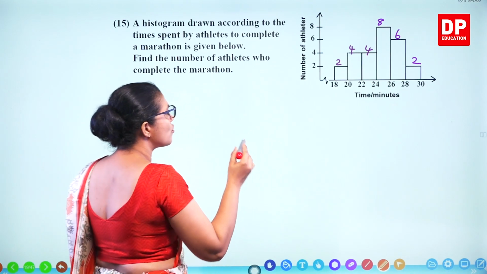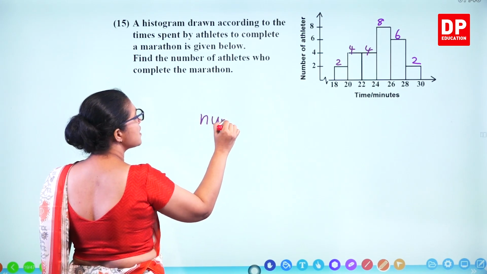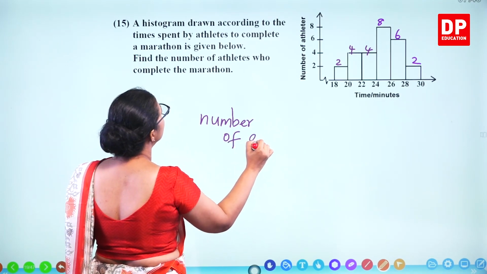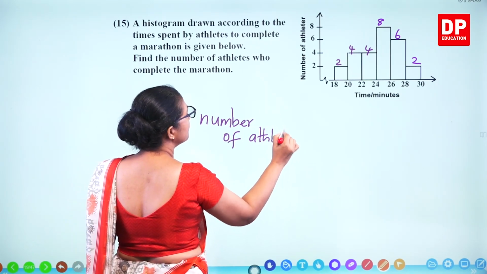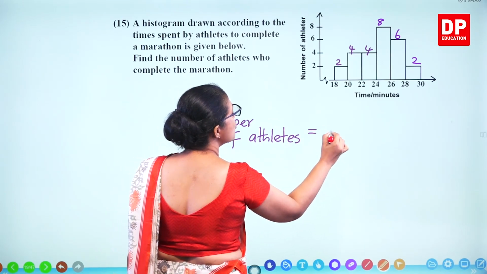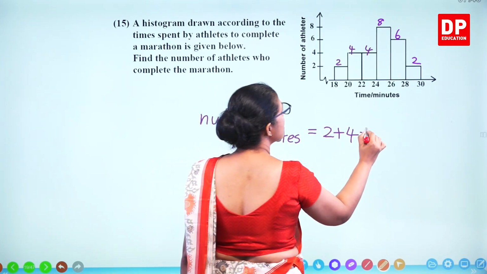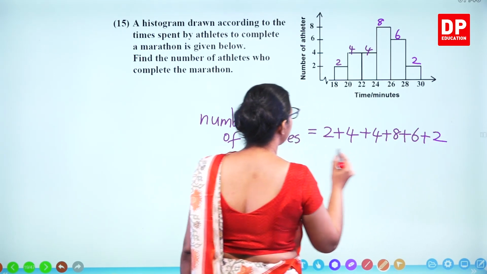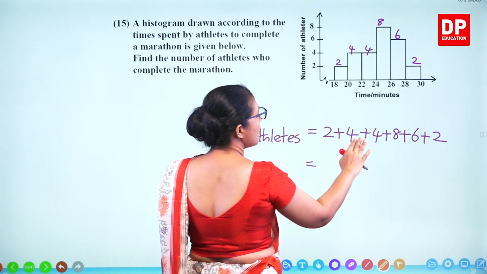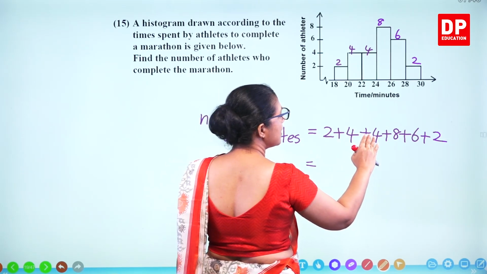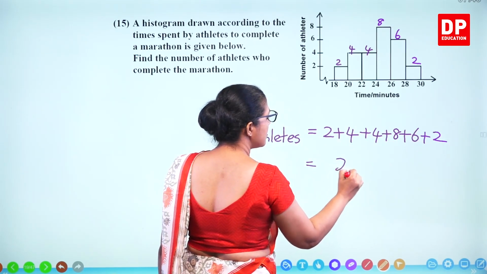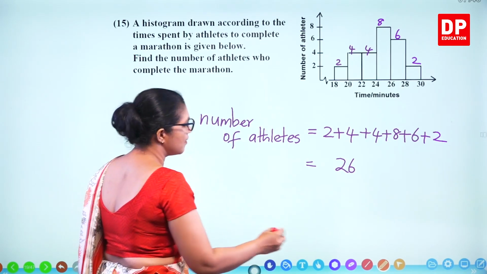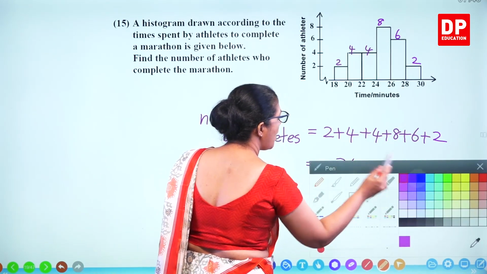Add all together. So the number of athletes becomes adding all the frequencies. 2 plus 4 plus 4 plus 8 plus 6 plus 2. 4 and 4, 8, 10, 20 and 26 athletes are there. So that's the answer for this question. So 2 marks.